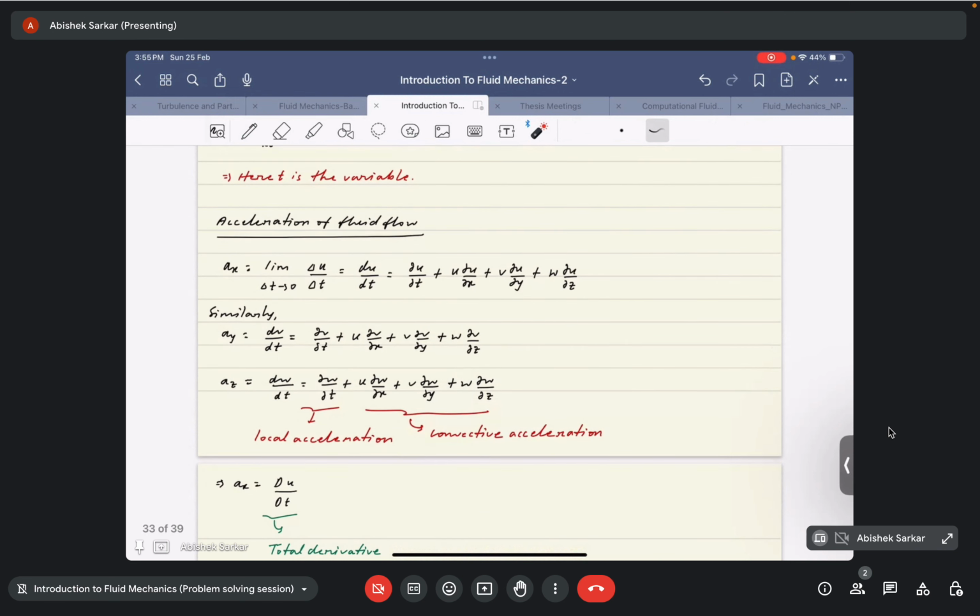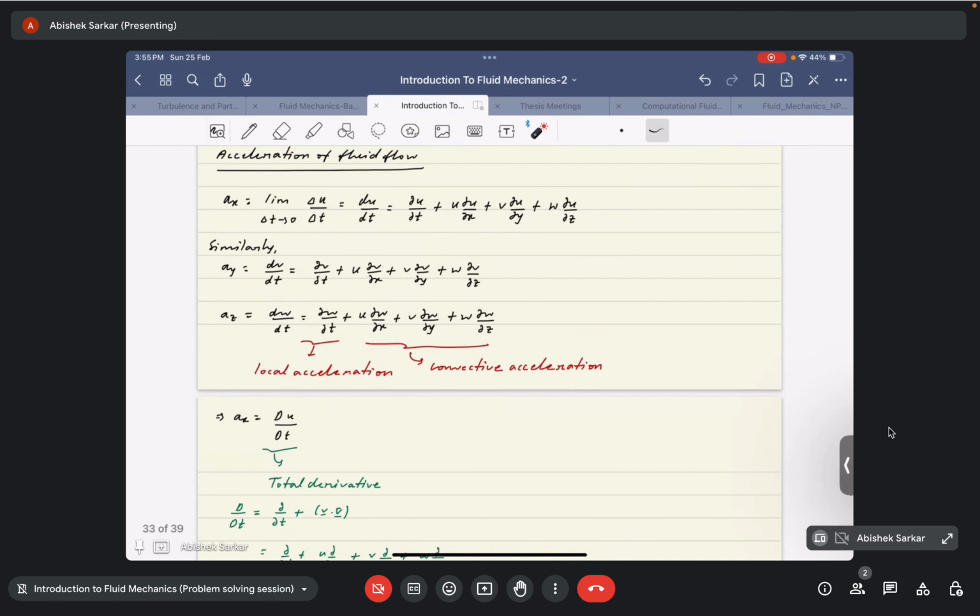So now we discuss the acceleration of fluid flow, okay. Again, for the sake of saving time, I won't dive deep into how these expressions are obtained. I guess that can be understood from the lectures.